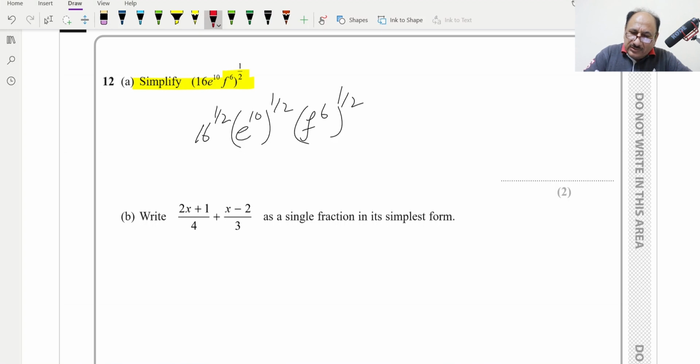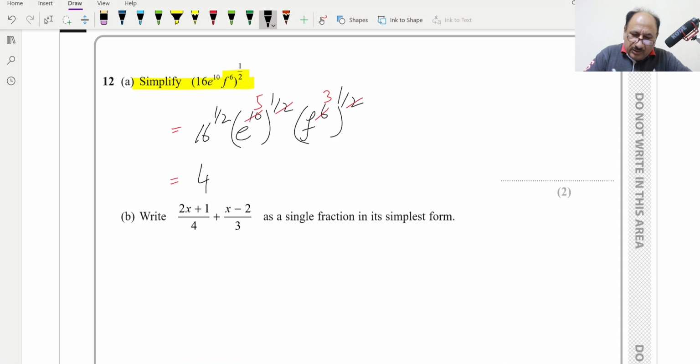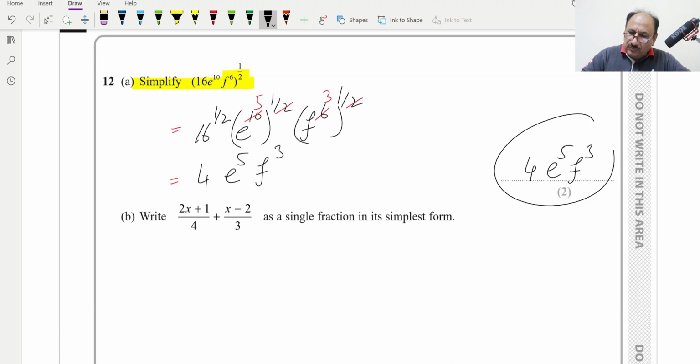So we can cancel: 2 3s are 6, 2 5s are 10. 16 raised to the power 0.5 is equal to 4. So we can write here 4, e raised to the power 5, f raised to the power 3, and this will be our final answer.